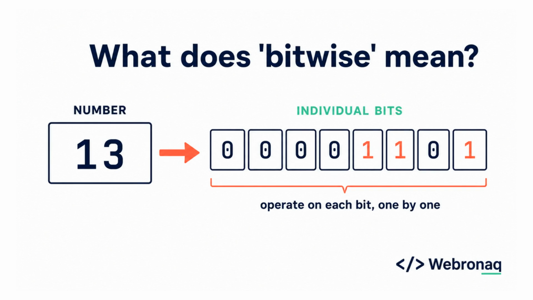Now, bitwise simply means we're going to operate on each one of those bits individually, one position at a time, not the number as a whole. Every single bit gets its own treatment. Think of it like Excel applying a formula to every cell in a column instead of the whole column at once. Same idea here. Once you've got that picture in your head, the AND part becomes really easy to follow.